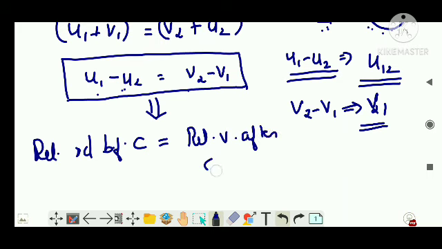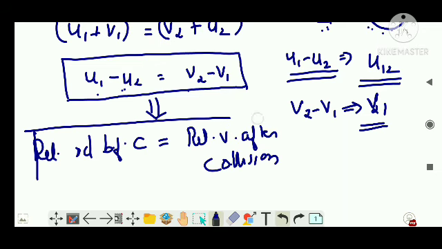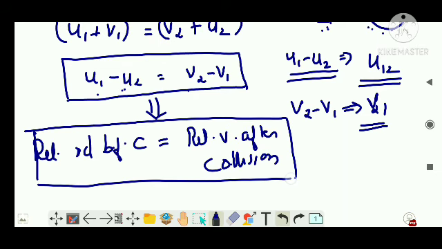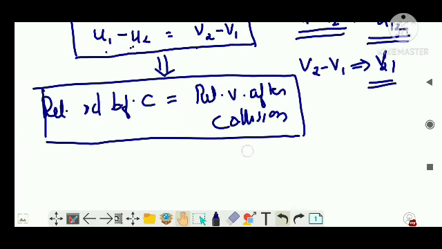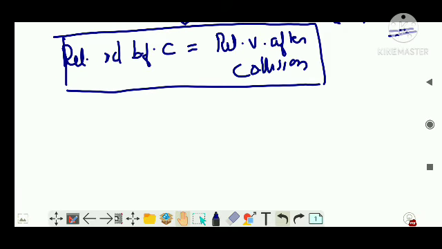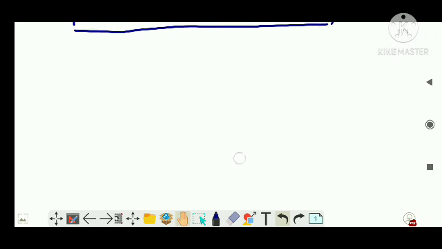This is something which you don't see in your textbook, but it is a very important point. During a perfectly elastic collision, the relative velocity between the bodies doesn't change, because using that criterion we can do a lot of problems.